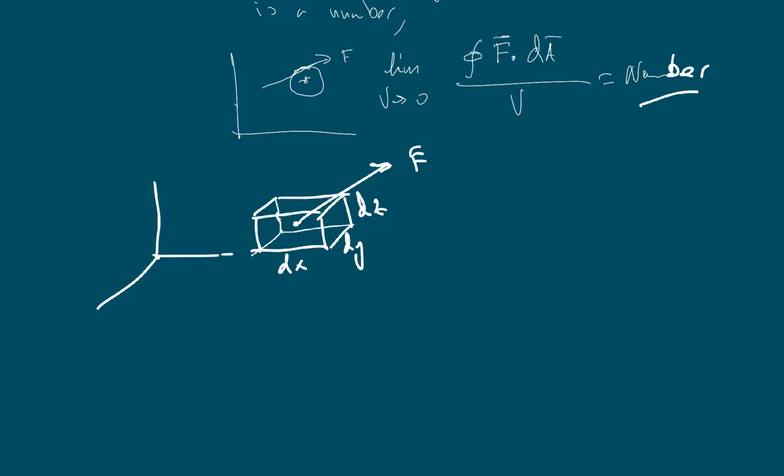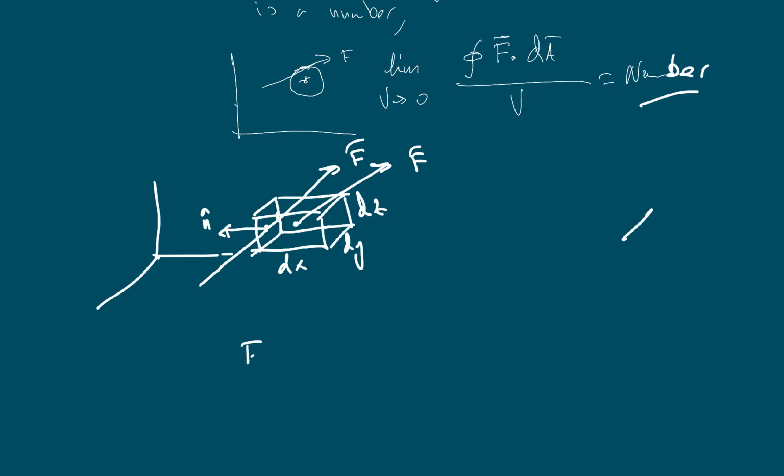The flux that is crossing: entering means negative flux, going out means positive flux, because the normal vector is n, and the vector field will go like this.